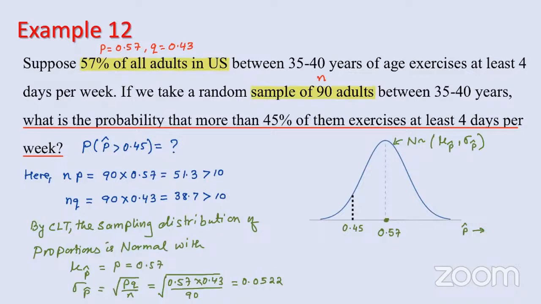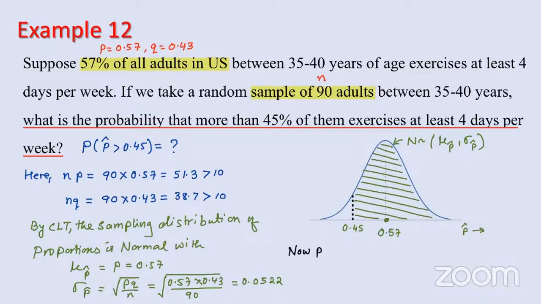Okay, and here we want p hat greater than 0.45. So the numbers which are greater than 0.45, are they on the left or on the right? Right. So we set it on the right. Okay, once we set it and make it ready, now we can find that probability.